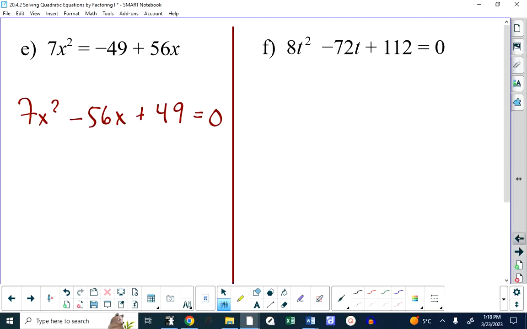I told you we were only going to be looking at what we do if the coefficient of the first term is 1. The coefficient of the first term here is 7, so what do we do? Go home? Right, you factor 7 out.